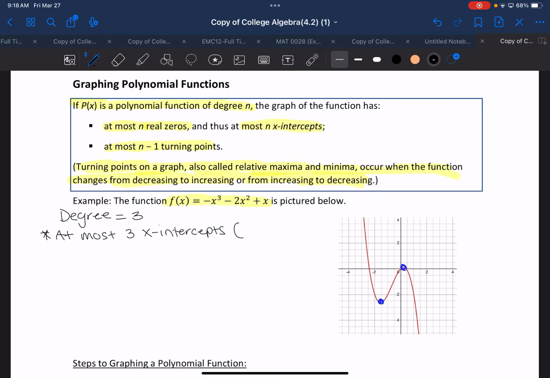Same thing. X-intercepts are the same thing as zeros. You're going to see on your homework that it's going to say this function can have at most blank number of zeros. And then it's going to say this function can have at most blank number of x-intercepts. They'll be the same answer every time because they're the same thing, okay? And then this function will have at most 3 minus 1, which is 2, turning points.